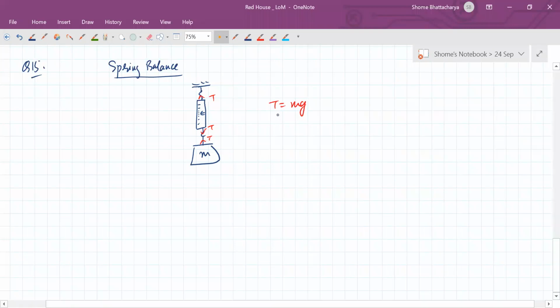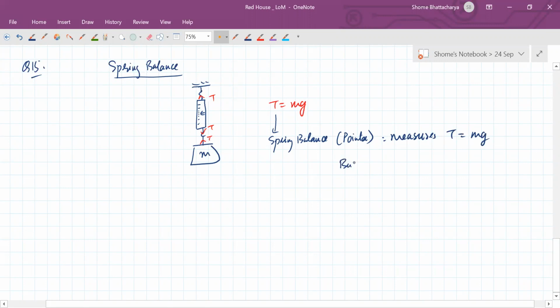The spring balance and its pointer actually measure the tension T, which is mg.